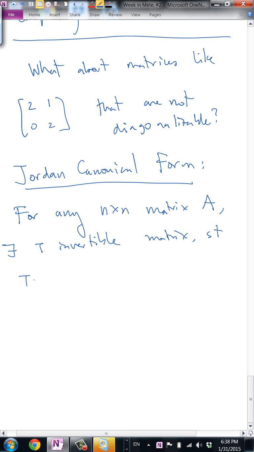such that T inverse A T, again, why do we look at transformations of the form T inverse? Because they preserve all physical properties of the dynamical systems that we're looking at. Is in Jordan canonical form. And J has this special form. It's block diagonal with some number of blocks.